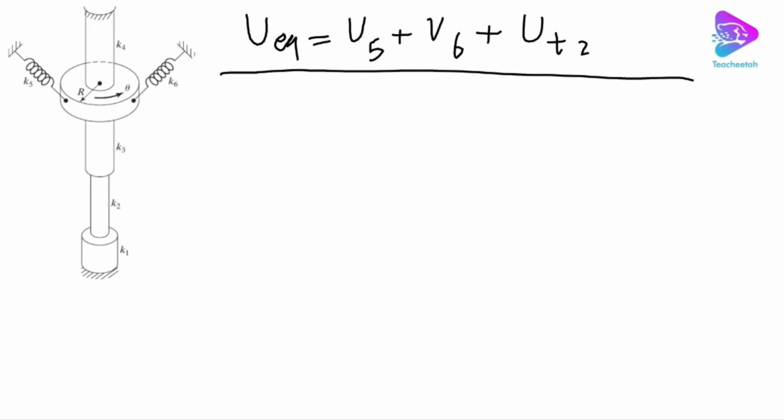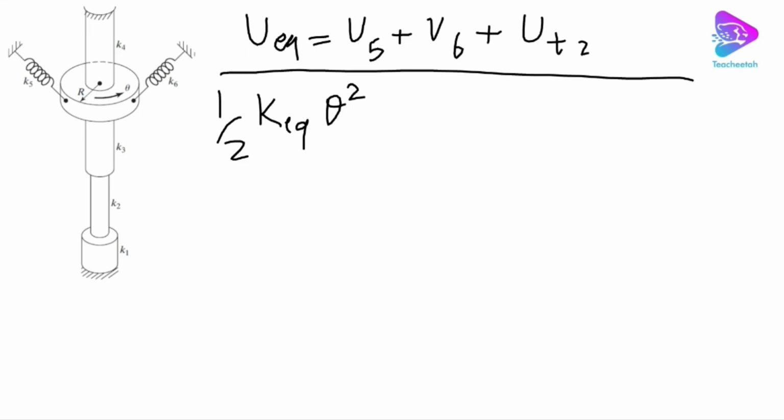For an equivalent torsional system, we know that U equals 1 over 2 K equivalent theta squared. Remember, the potential energy for a linear spring was 1 over 2 K x squared. For a torsional system it is 1 over 2 K theta squared, where K in this case is a torsional spring constant.